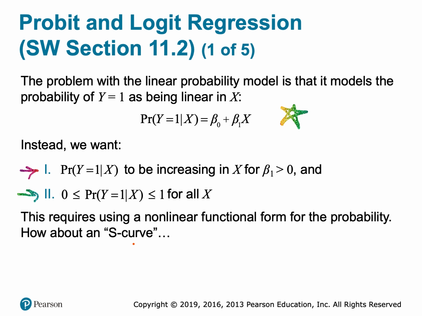This will require a nonlinear functional form for the probability. So it's going to look something like an S-curve. This means that the changes in predicted probability for a change in x are going to vary over the domain of x.